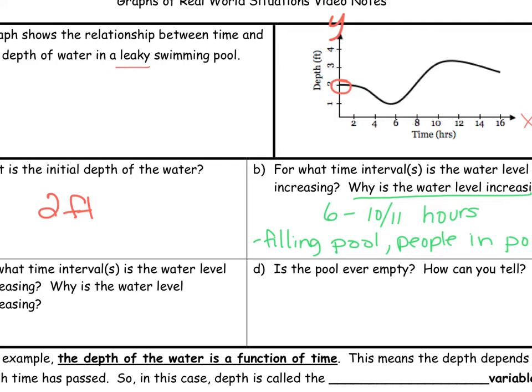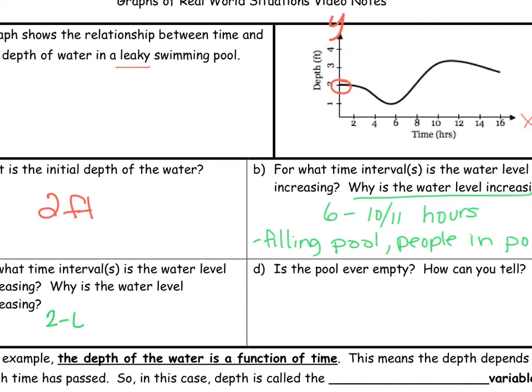Letter C, for what time intervals is the water level decreasing? So again, we're going to look at this right here. Here it's steady, and it starts to decrease somewhere around 2 hours, and it's decreasing to right about 6 hours. So the time interval that the water level is decreasing is between 2 and 6 hours.